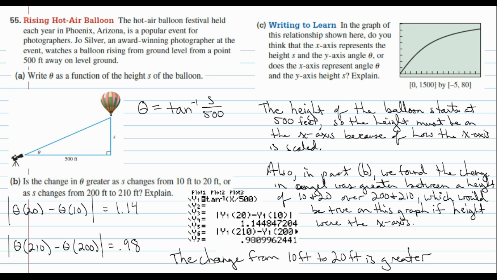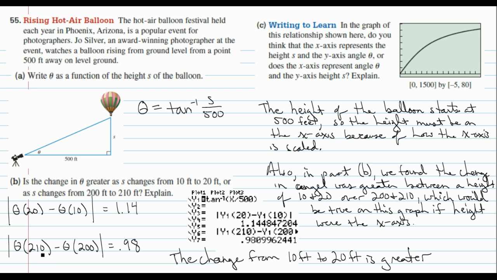Now part B is the weird one. Is the change in theta greater as s changes from 10 feet to 20 feet, or as s changes from 200 feet to 210? So I've plugged in 20 for s and 10 for s into my function theta, and subtracted those.